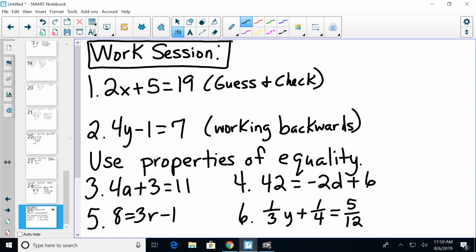So for this, you've got to have more than just the properties. The properties aren't going to get you to the solution.